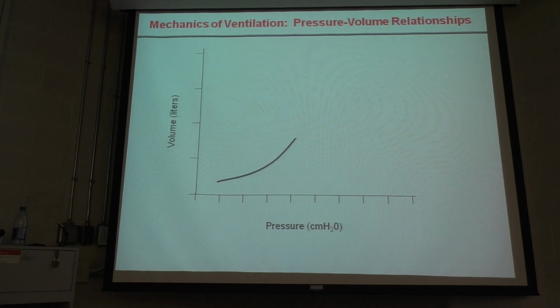So the pressure volume curve of the respiratory system looks a lot like the sigmoid curve of the oxyhemoglobin dissociation curve. It's an S shape that has a linear portion of the curve, and what we call the upper and lower non-linear extremes of the curve. Okay? So, without going into it, where's the most compliant portion of this curve?